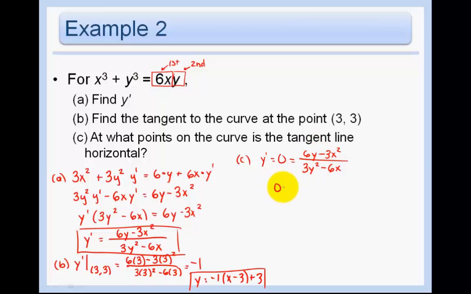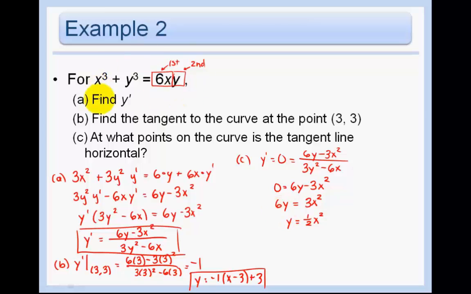So we'll just set that numerator equal to 0, and we get 6y equals 3x squared. In other words, y equals 1/2 x squared. Okay, so we know whenever y equals 1/2 x squared, we have a horizontal tangent line. So we have to find the actual points on our curve where this occurs.